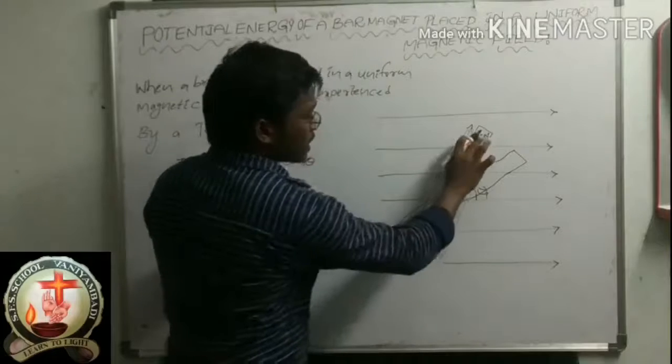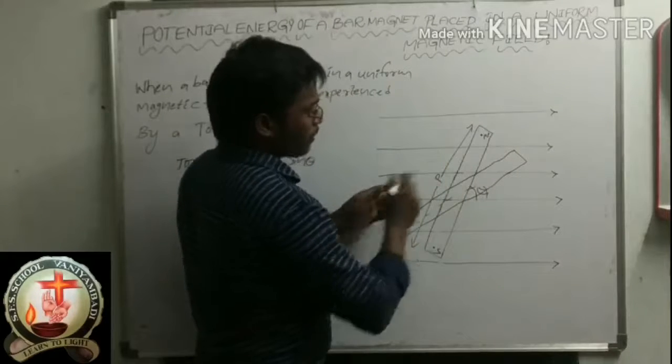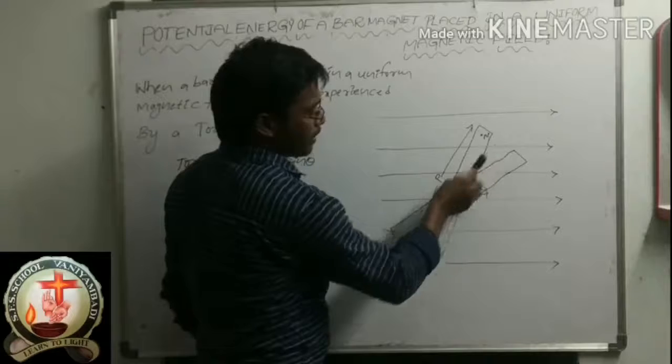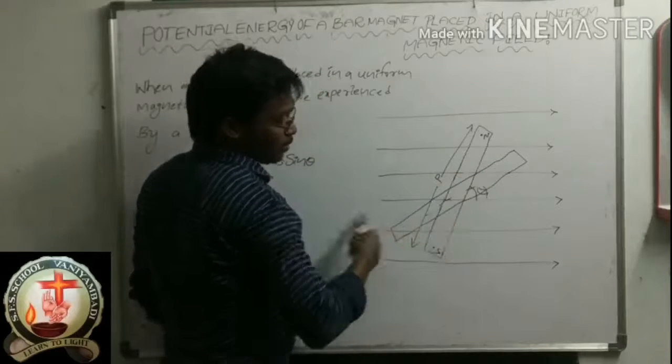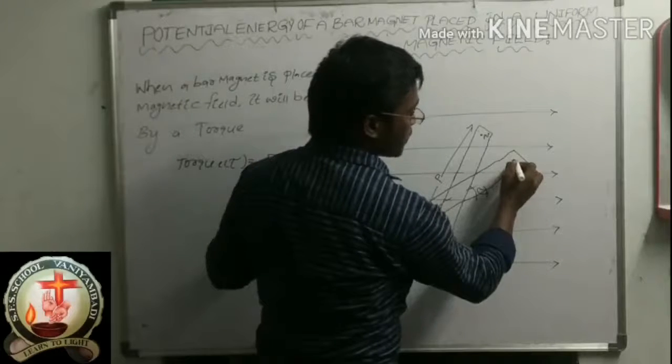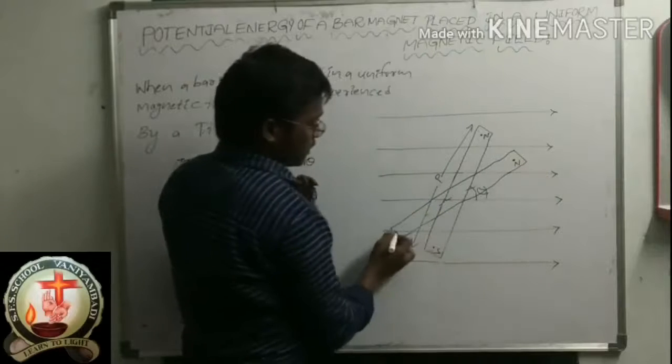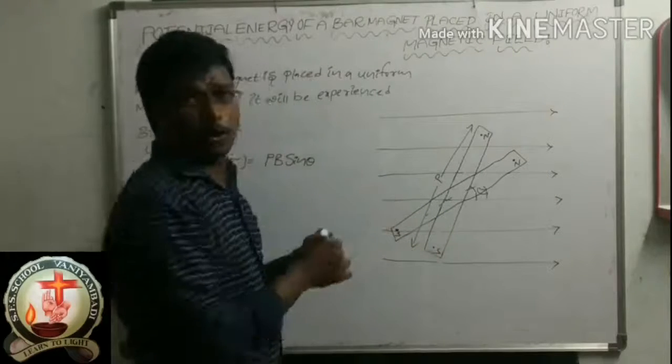So this north pole will be moved from here to here, and the south pole will be moved from here to here. So this is the north pole, and this is the south pole. You need not draw all this.